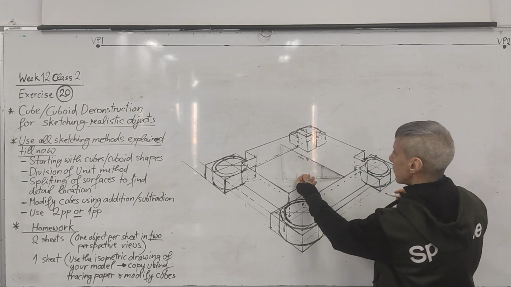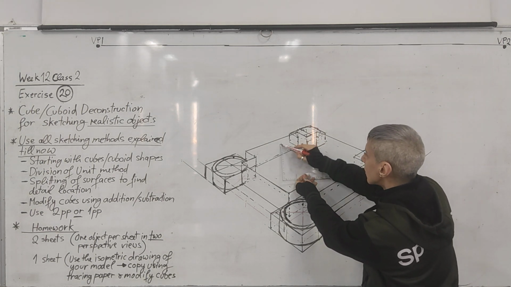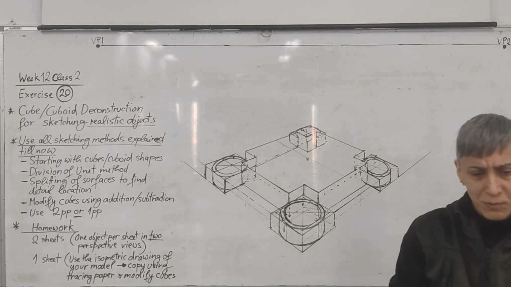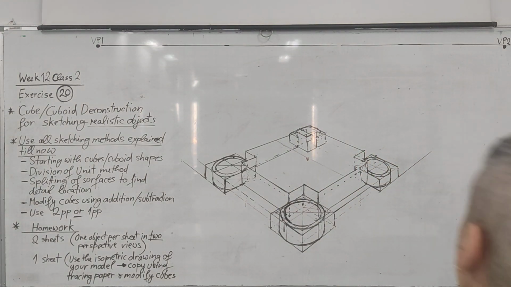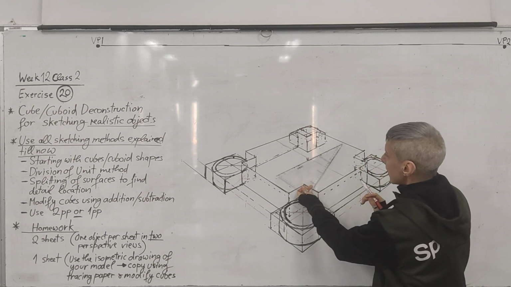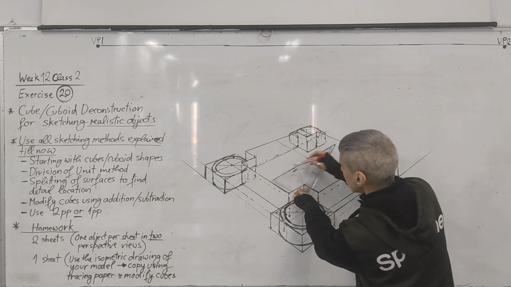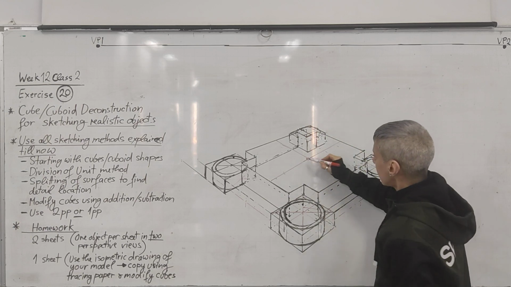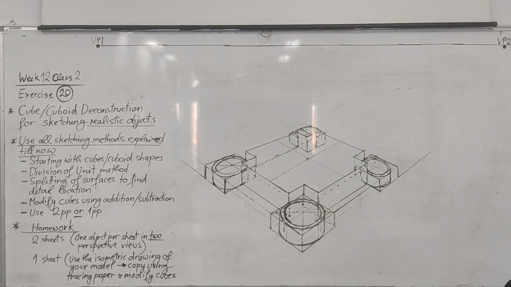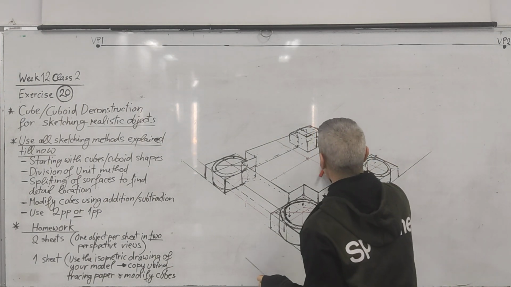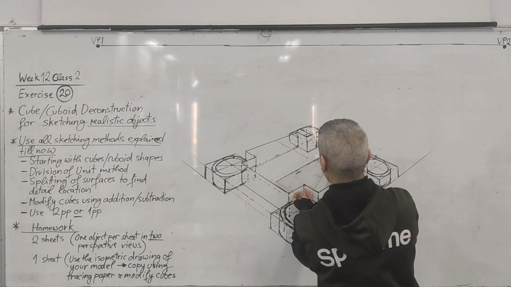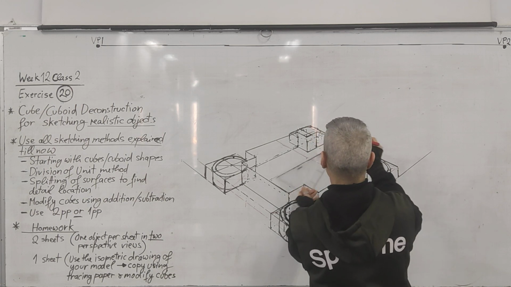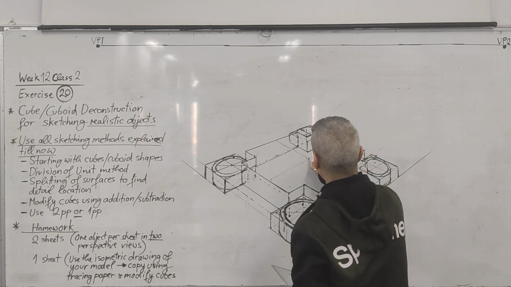Okay, let me take this to the vanishing point. Let me see it from a distance because it's not visible what's going on. Okay. And again, from this point to the vanishing point. So here is the center of this surface. To the vanishing.